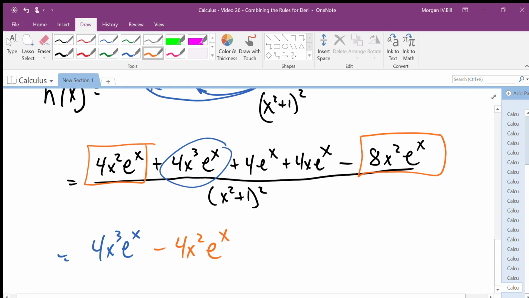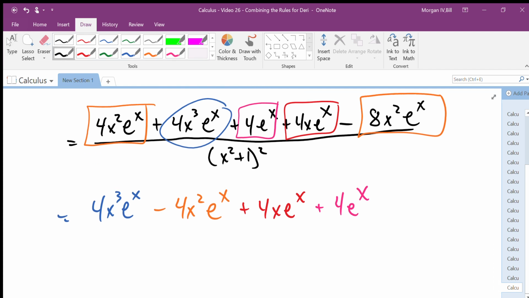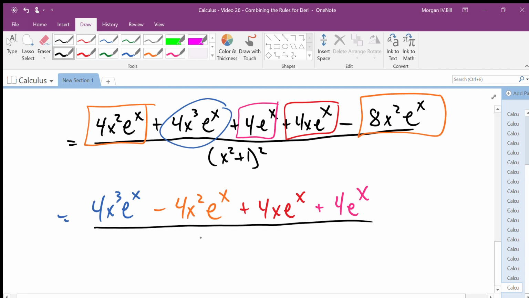And then I have a plus 4x e to the x. I don't see anything else to combine with that. And I have a 4e to the x here plus 4e to the x. Nothing to combine there. Over x squared plus 1 squared. You'd be surprised how many students lose the denominator halfway through the problem. Just forget to write it.